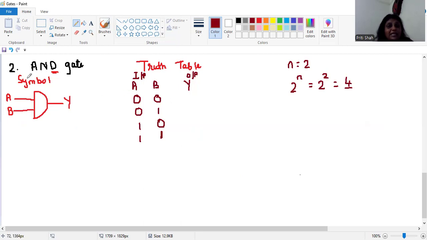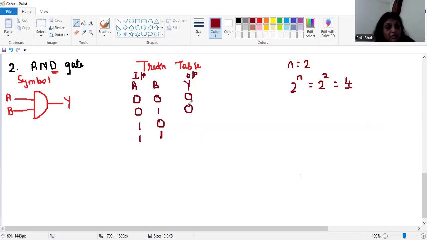Now, this is an AND. So A and B both have to be present to get an output. Here, present means 1, absent means 0, as we have discussed. So if both are absent, then absolutely there is no answer. That is a 0. 1 is present, will not do. Both have to be present.